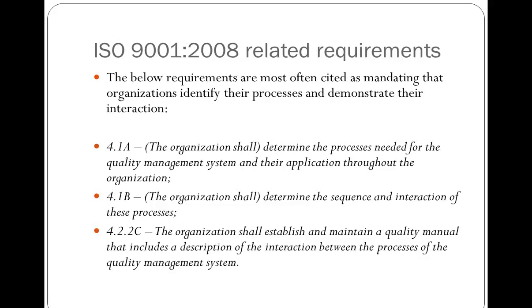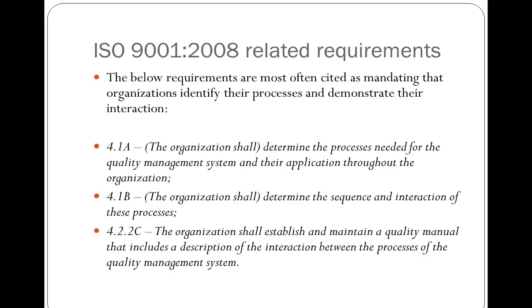Now, in terms of where the requirement comes from in the first place, to know what your processes are, this is a theme that goes back to the 2000 version of ISO 9001, when the focus shifted from elements to processes, and process-based auditing became the order of the day. In ISO 9001:2008, the 3 primary clauses are as follows.